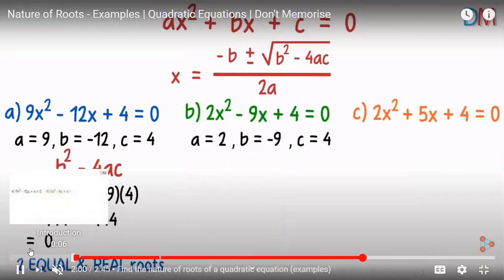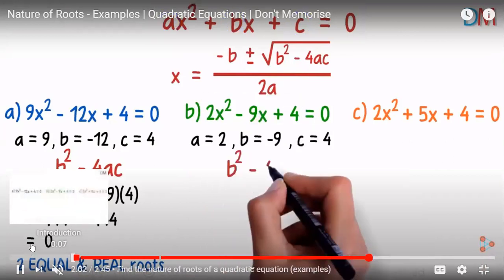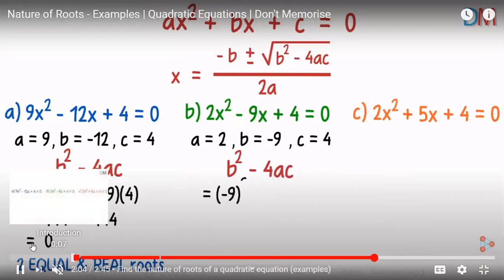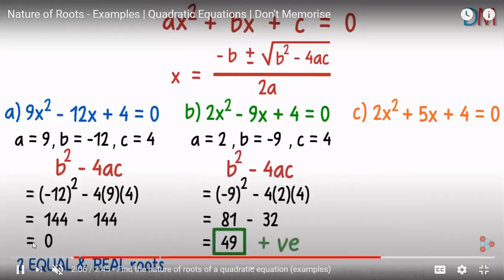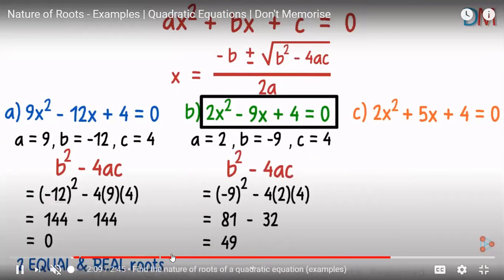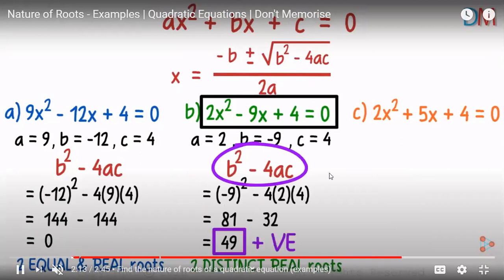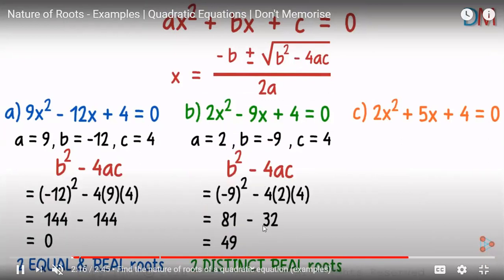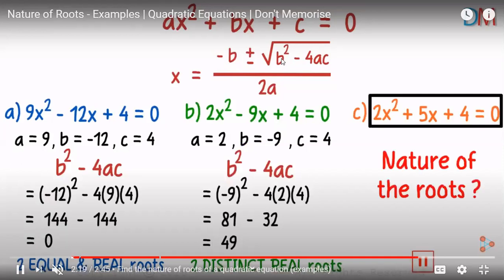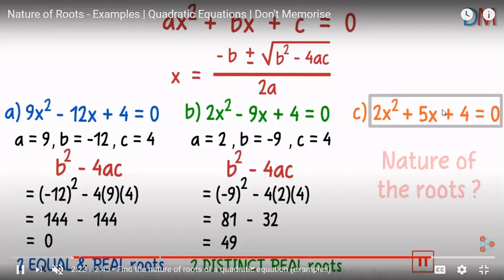Now you can substitute the values in the expression b square minus 4ac: 81 minus 32 equals to 49, which is a positive number. If the discriminant is greater than 0, or a positive number, the equation contains two distinct real roots.